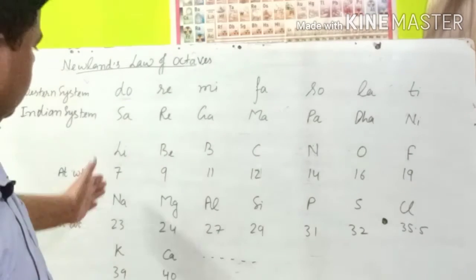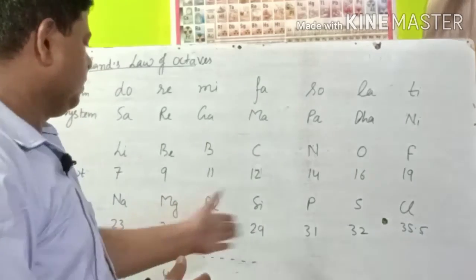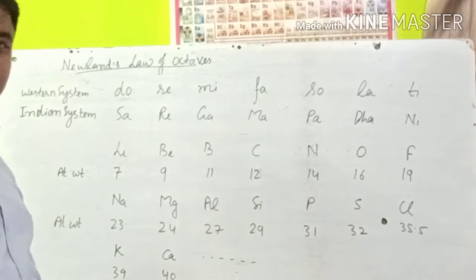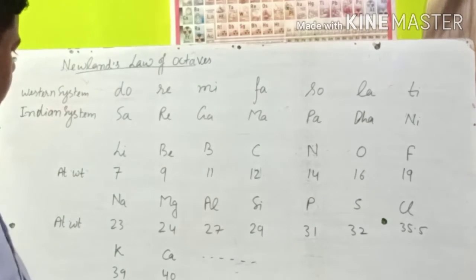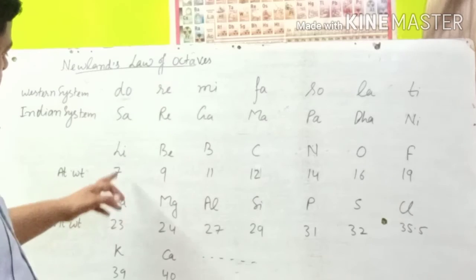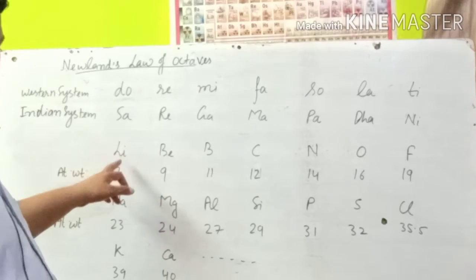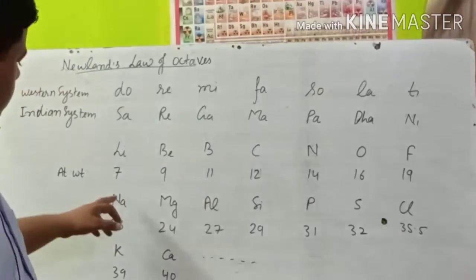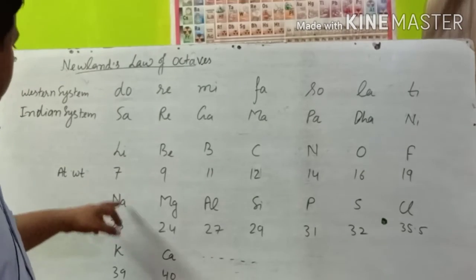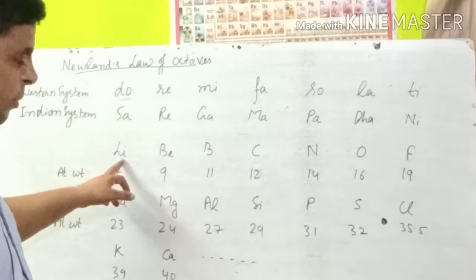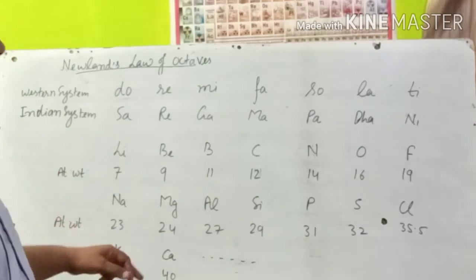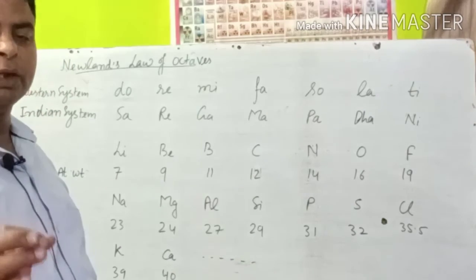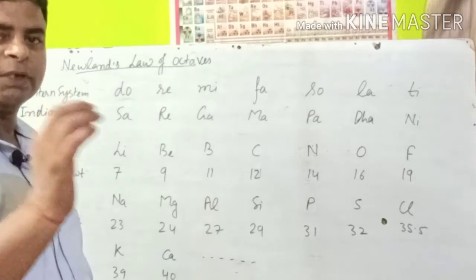So the elements are arranged in the increasing order of atomic masses, and every eighth element repeats the properties of the first element. You can see here, suppose this is the first element lithium, and then the eighth element will be sodium. So the properties of sodium will be similar to the properties of lithium, just like the musical notes, every eighth note repeats the first note.